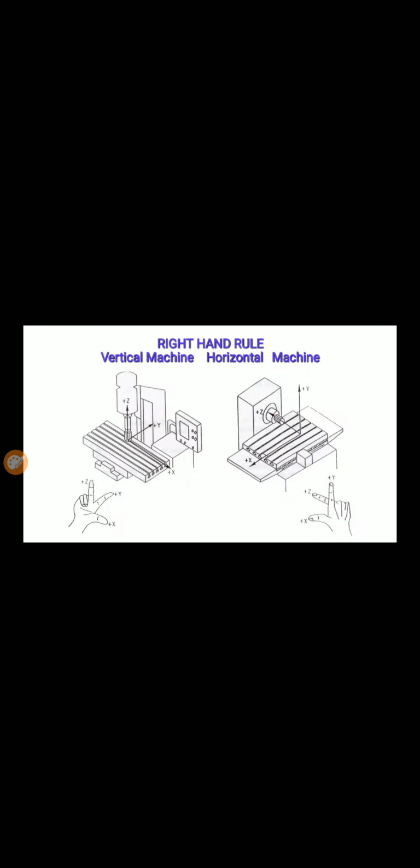In the case of the vertical axis, it must be horizontal and parallel to the work holding surface, that is plus x, when viewed from the spindle towards the column. And for the y axis we must use the right handed coordinate system.